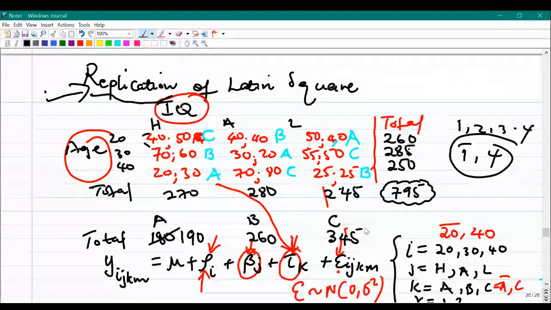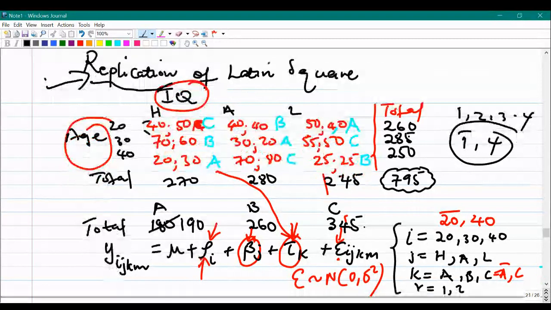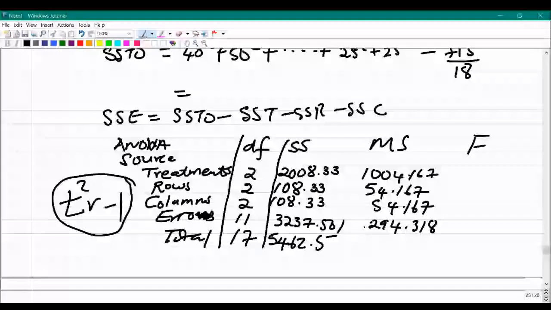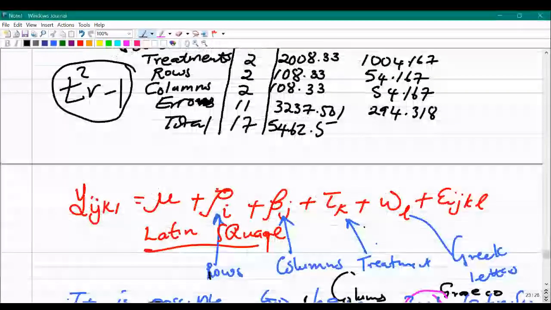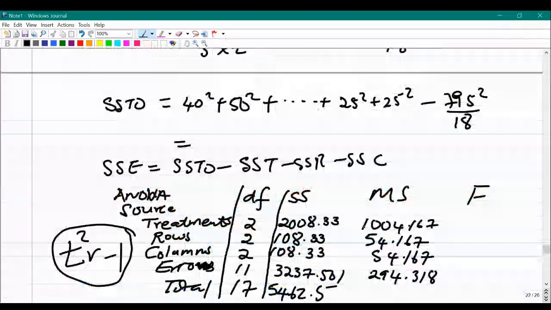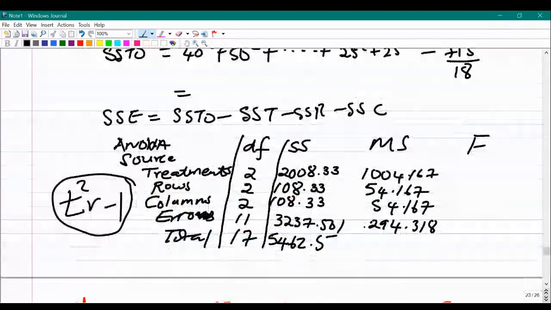No, right? But if you say T squared multiplied by R, you get n. That is why it's 17. Okay, thank you, sir. I missed the R. It's fine.